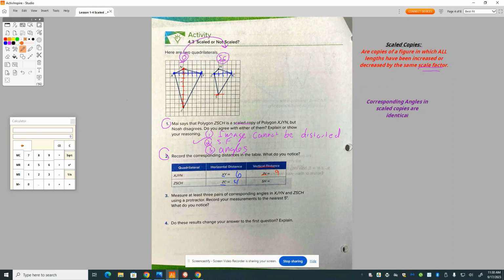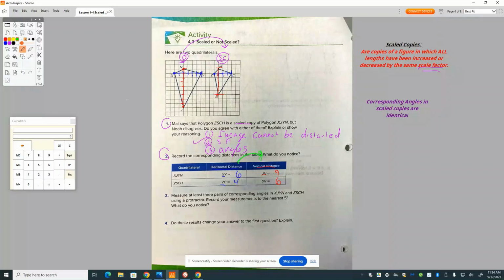And its corresponding distance in our scaled copy, or what we're checking, would be 1, 2, 3, 4, 5, and 6.